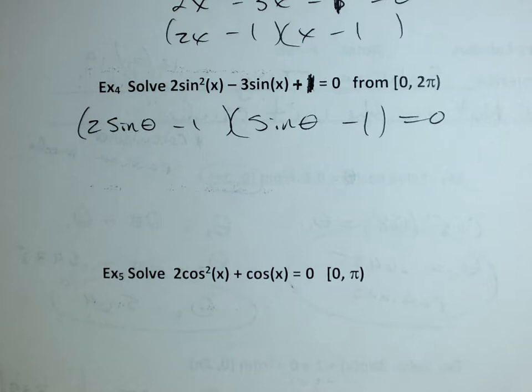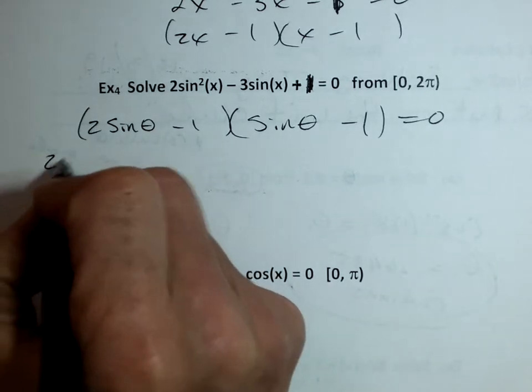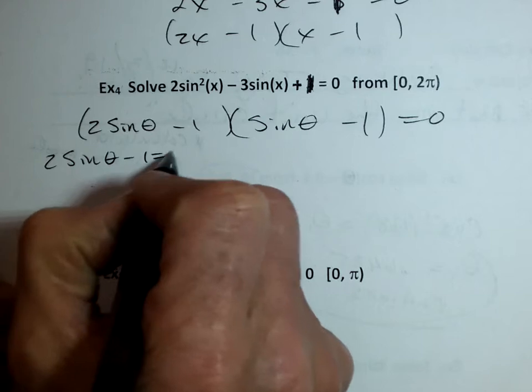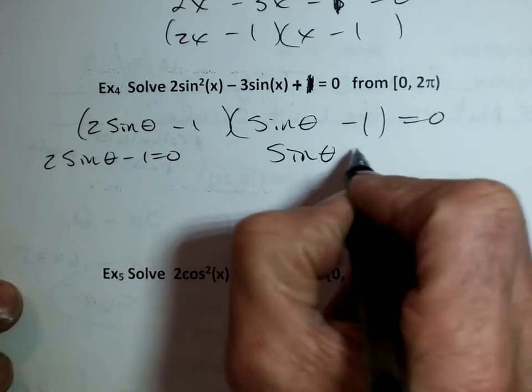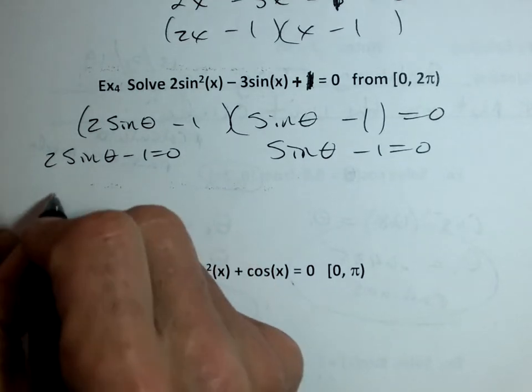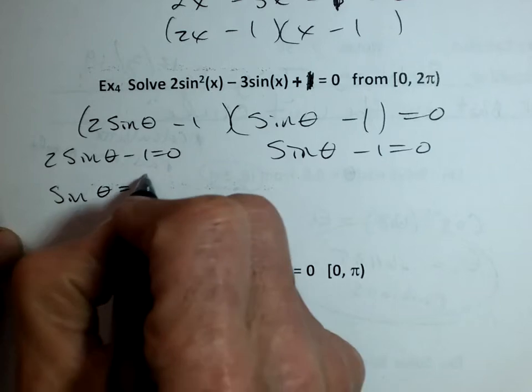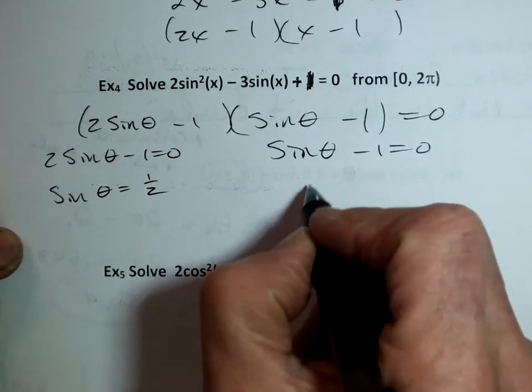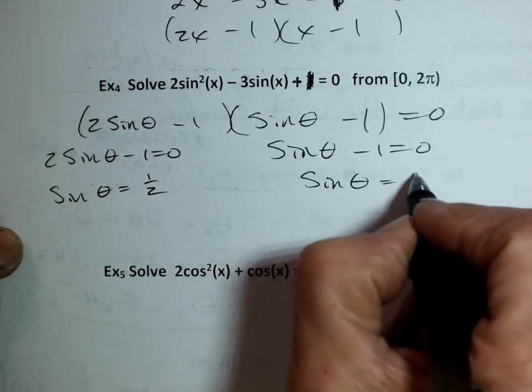Got my mini equations, right? 2 sine theta minus 1 equals 0 and sine theta minus 1 equals 0. Let's solve. Sine theta equals 1/2 and sine theta equals 1.